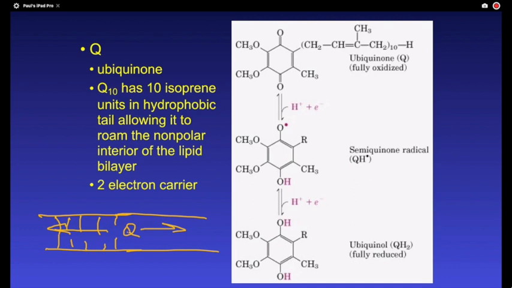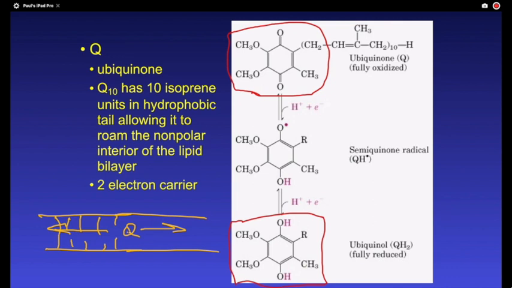Now, it's kind of interesting because if you take a look at this, that is still hydrophobic. A ketone is a relatively hydrophobic molecule. But when you accept the electrons, we convert that into alcohols. Those are polar.